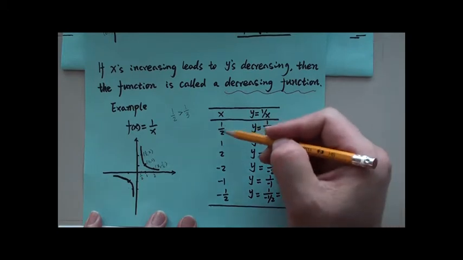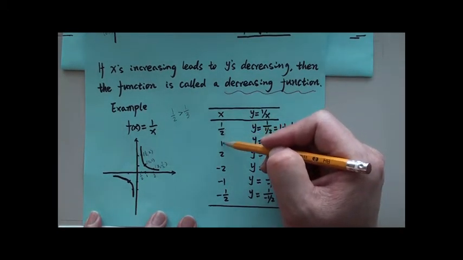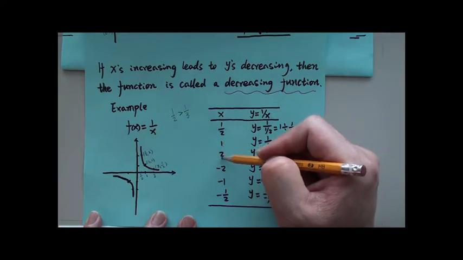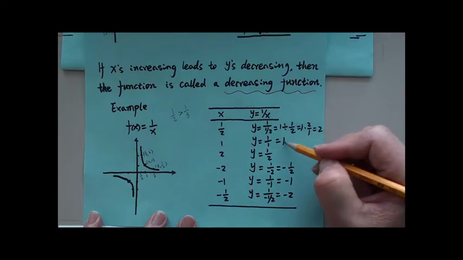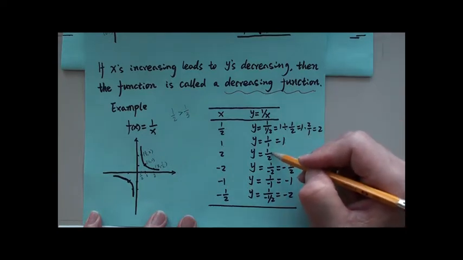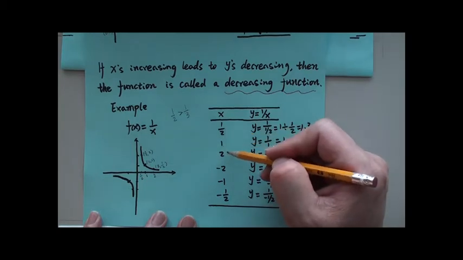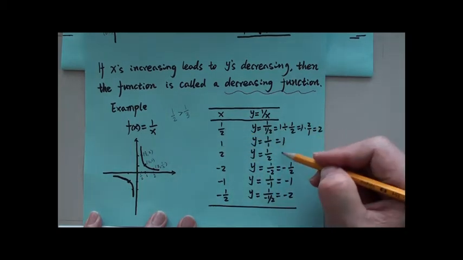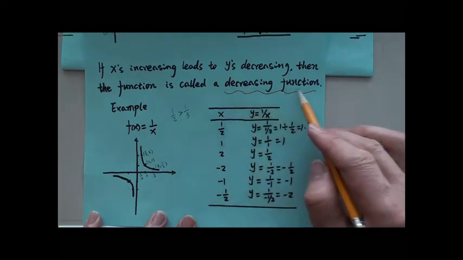So you can see x goes from the smaller number 1/2, then a little bigger 1, and then 2. The y goes from 2 to 1 to 1/2. So here it is from smaller to bigger, and here it is from bigger to smaller. So this function is a decreasing function.